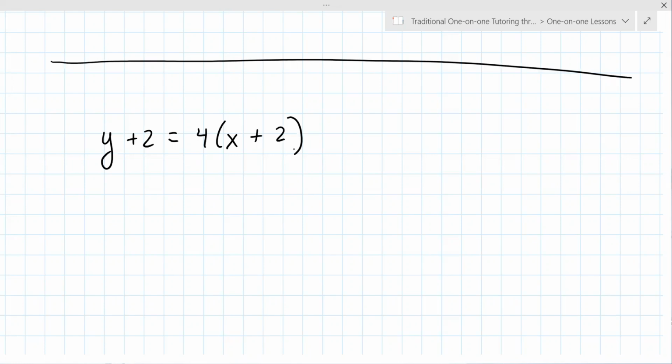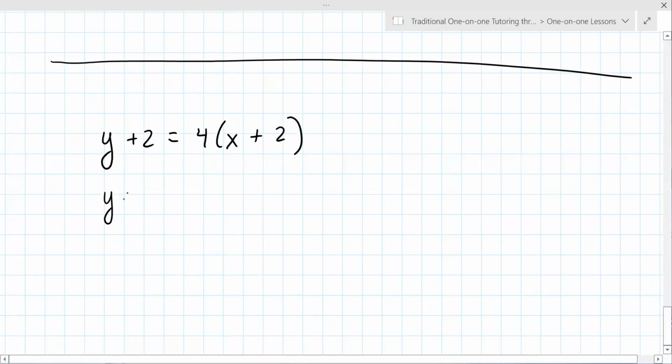How are you doing on this one? I'm still solving it. I'm almost done.